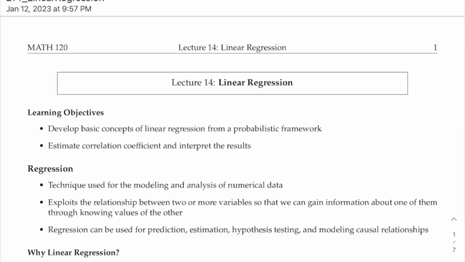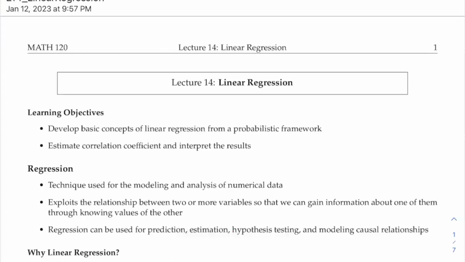We exploit the relationship between two or more variables so that we can gain information about at least one of them through knowing the values of the other. Regressions can be used for predictions, estimations, hypothesis testing, and modeling causal relationships between the variables.